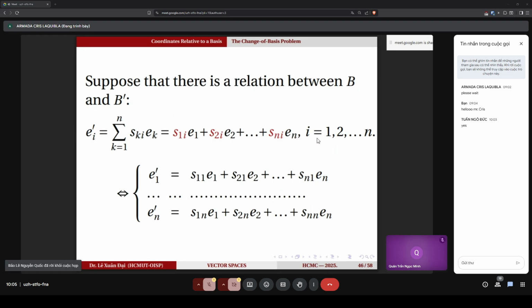Now this is for all i from 1 to n. If i is 2, replace those numbers by 2. And if it is n, the last one, this becomes s1n, s2n, and then snn, en.